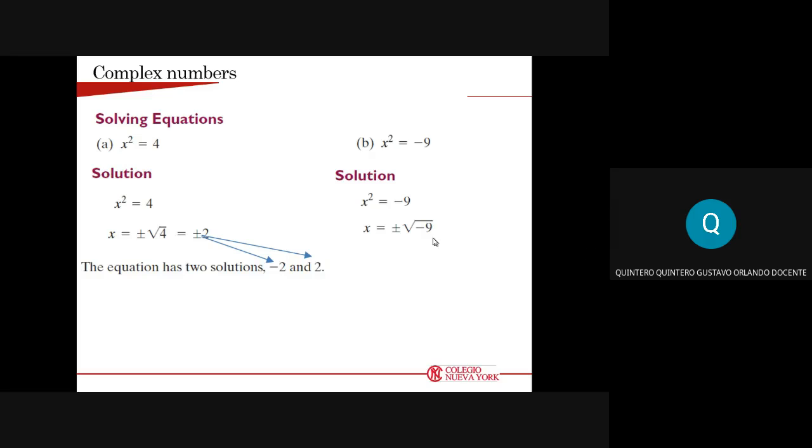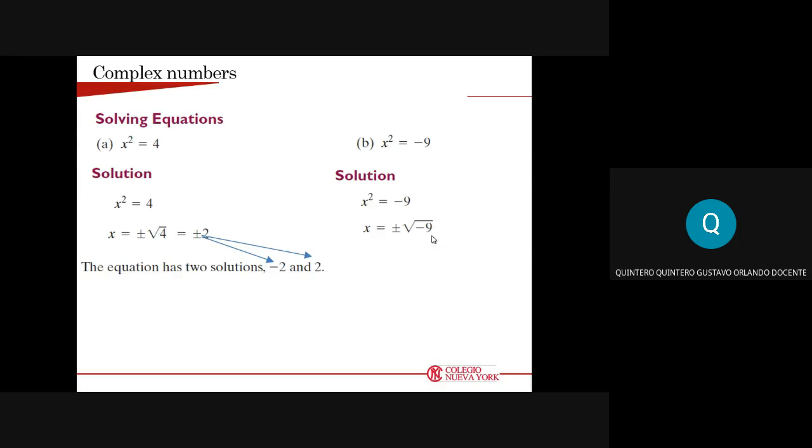Something like that. Instead of saying that this root is negative 3, this is what we're going to do. We remember that roots with negative numbers inside can be solved if we take advantage of what we learned with complex numbers. We know that i, the letter i, is the imaginary unit, and i is the square root of negative 1.